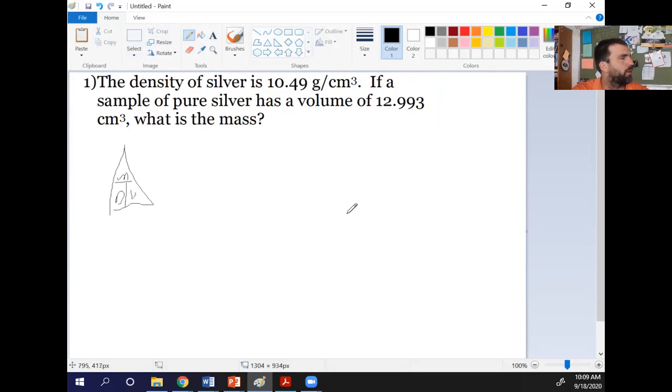So I'm looking for mass. What would mass be equal to? Density times volume. Mass equals density times volume.